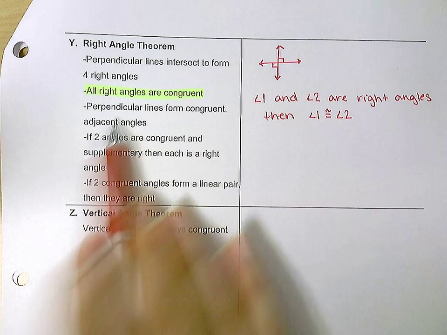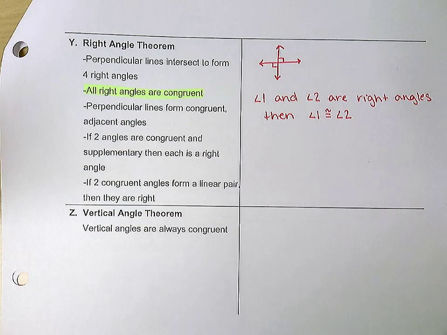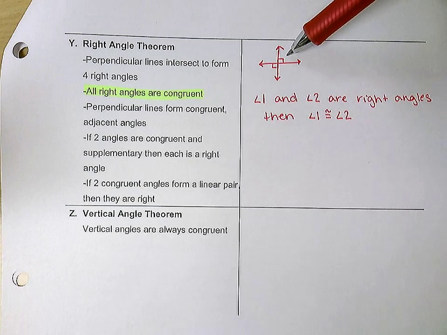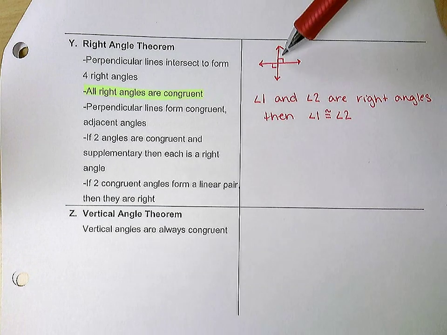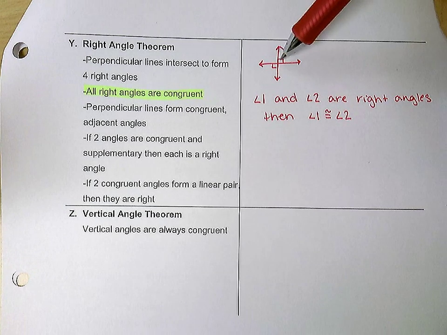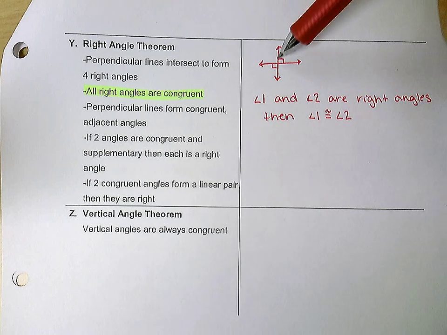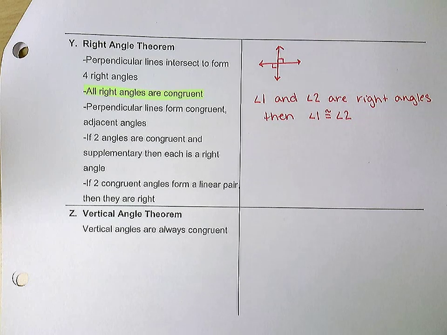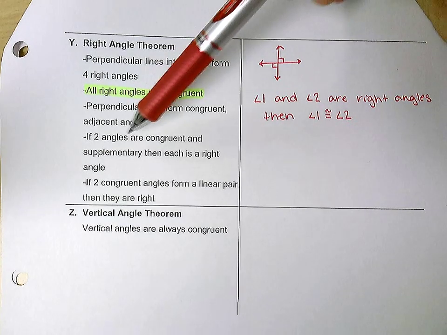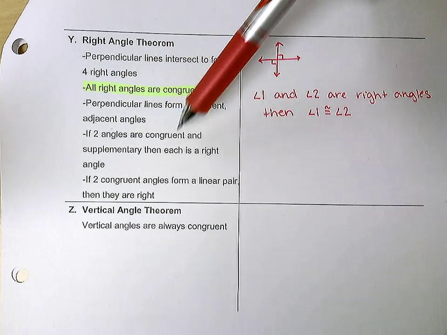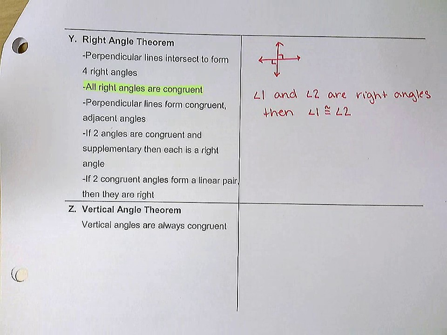We also have that perpendicular lines form congruent adjacent angles. So if I go back to my perpendicular lines here, your two angles are congruent and they are next to each other. They form those congruent adjacent angles. If the two angles are congruent and supplementary, then they are right angles.